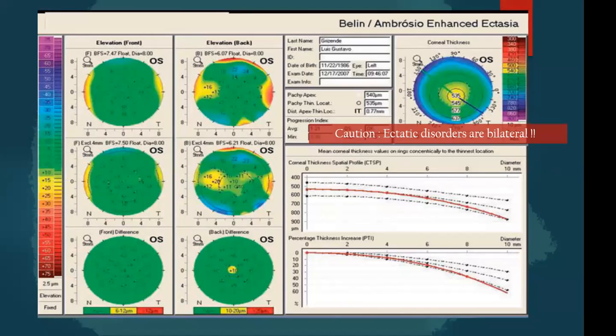So I have got one question here on my chat. Is the topography done on the Placido and Scheimpflug comparable to each other or not? So Scheimpflug is, like I told you, an elevation based method where the entire cornea is analyzed, including the center of the cornea.